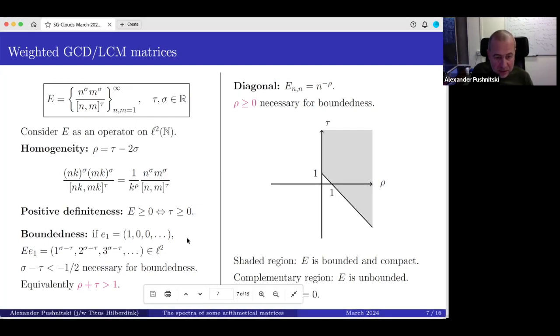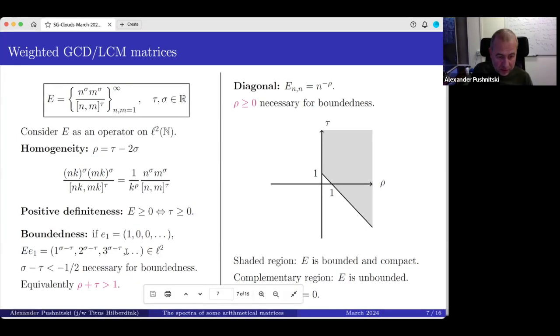Next, let's discuss boundedness. Imagine we want to test the boundedness of this operator. The simplest thing to do is to take the first vector of the standard basis and act by this matrix on this vector. What do we get? m becomes 1, and we get n to the sigma from the top and n to the minus tau from the bottom.